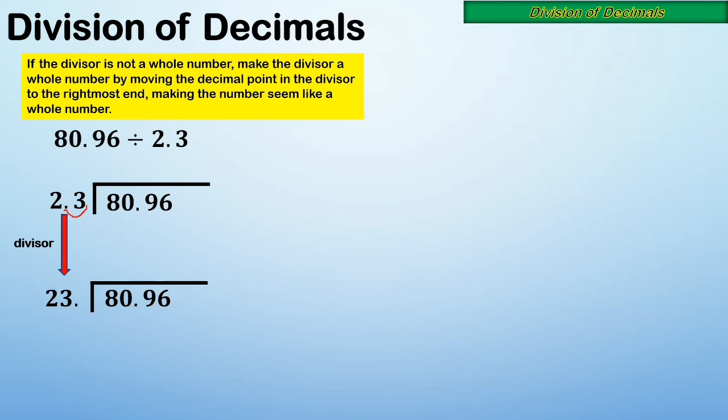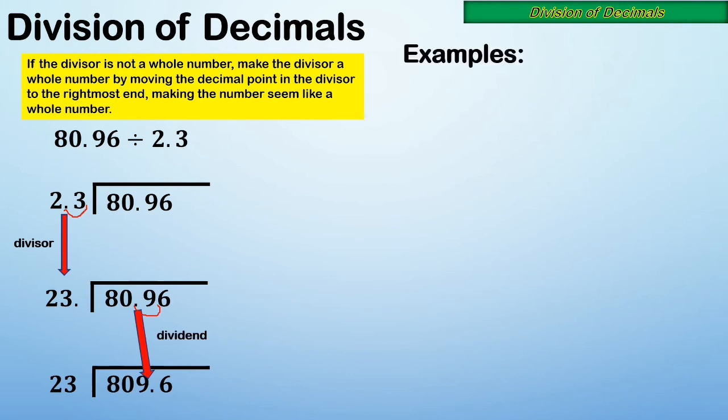Okay, since nag-move tayo, itong decimal point ng dividend natin, move 1, then we will have now 809.6. Kasi nga, minumove natin yung decimal. Because, ang goal natin, ang divisor ay magiging whole number. Okay, that's it.